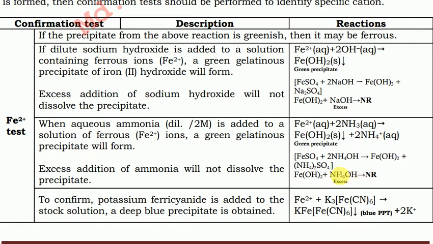That means there is no reaction between the excess ammonium hydroxide and the ferrous hydroxide so produced. This is indicative of the presence of the ferrous ion. The third test to confirm the presence of the ferrous ion is to add potassium ferricyanide to the sample solution.